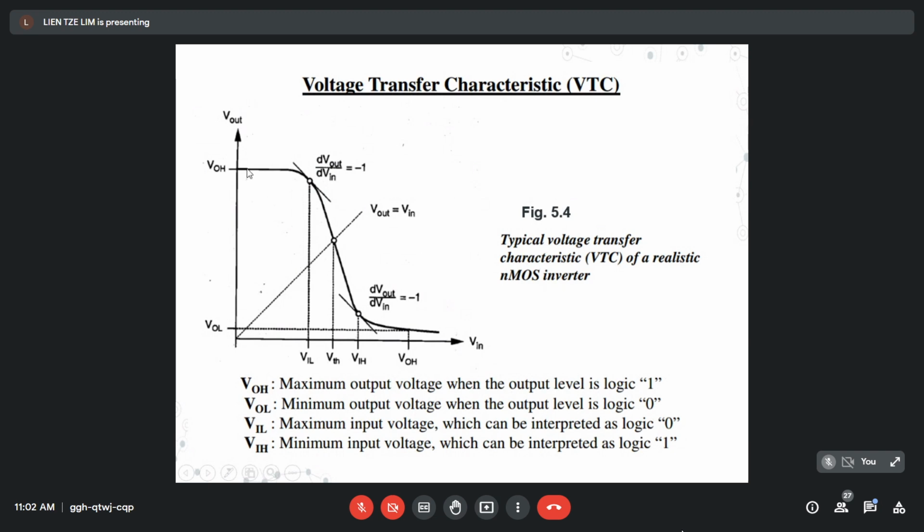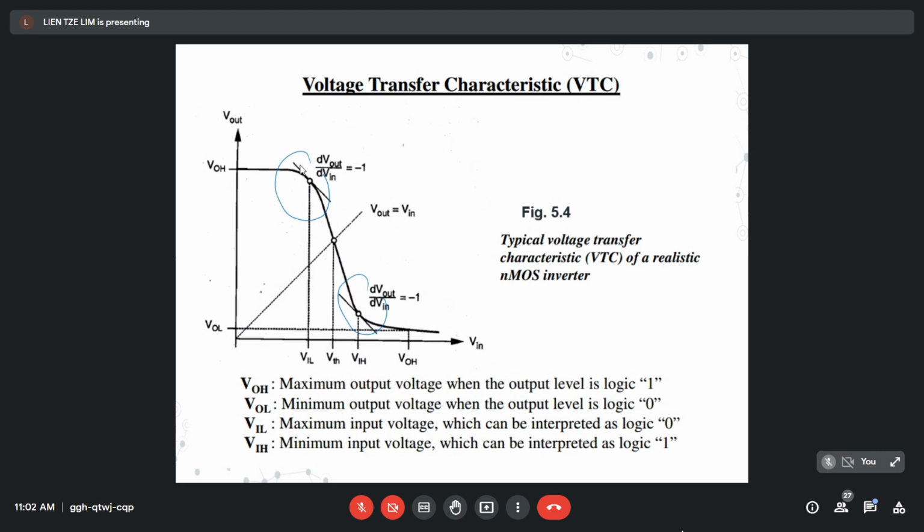You see the shape here, at the slope here, this slope and this slope. It is not a sharp transition. The transition that happens here is very slow because it is a realistic inverter.